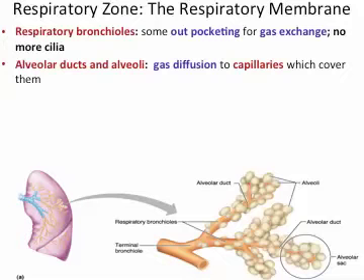From the respiratory bronchiole, you go into an alveolar duct. So if you look at the cartoon, the way you can tell the difference between a respiratory bronchiole and an alveolar duct is that the alveolar duct has a higher density of alveoli. But like I said, wherever you find alveoli, you can get gas diffusion, oxygen and carbon dioxide.